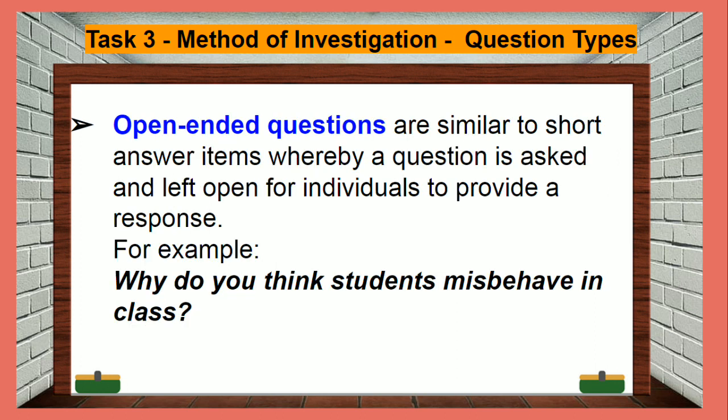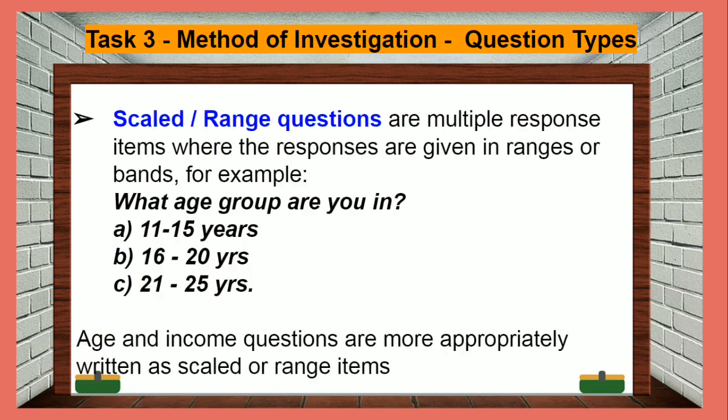Open-ended items, on the other hand, are similar to what we call short answer items on a test, and this is where you ask a question and it is left open for the participant to provide a response. And then, of course, we have the scaled or range item questions. These are multiple response items where the responses are given in ranges or scales.